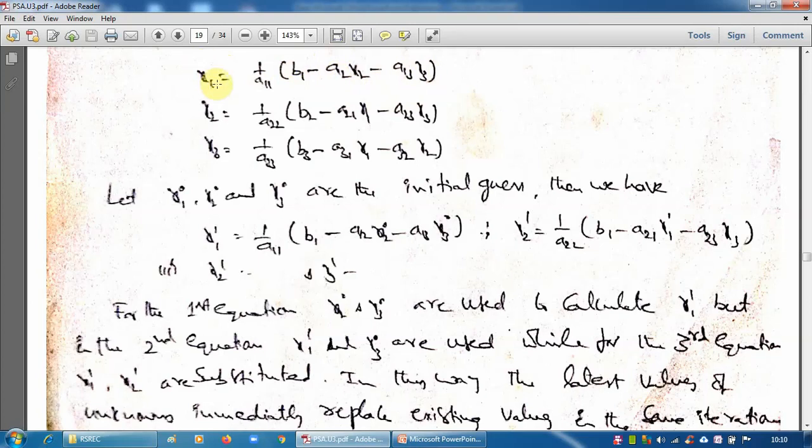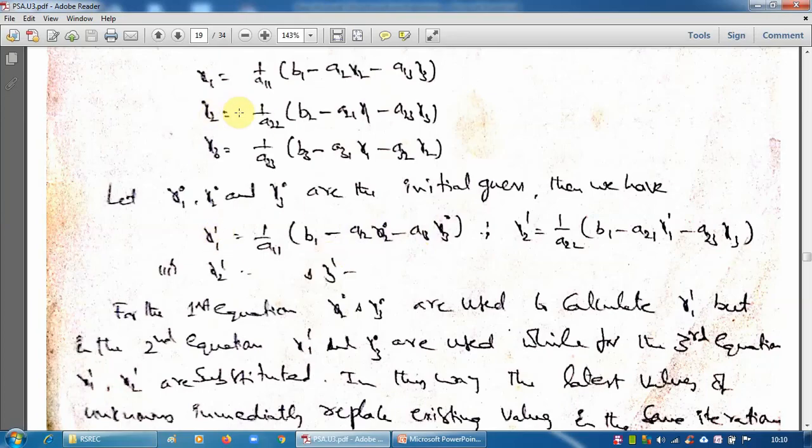This is the new value. Why? Because with the assumed values we calculated the value using this equation. So we get a new value, that is x1 1. You see this x1 1.